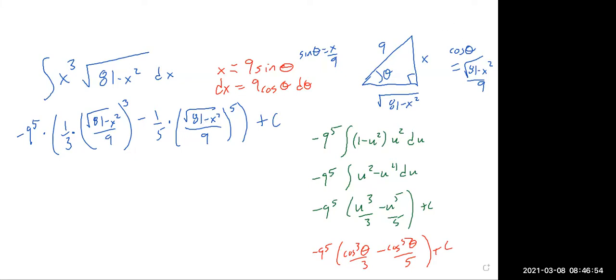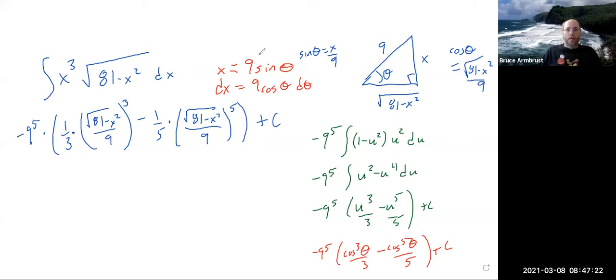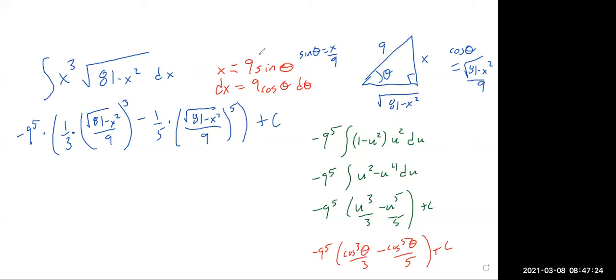I want to maybe chime in on a semi-philosophical note. This recurring in the triangle of the figure, the 81 minus x squared that was in the original integral. That's another one of those things that I like about calculus, where you see why things are the way they are. Like if that wasn't one of the sides of the triangle, then all this trig substitution wouldn't work, right?